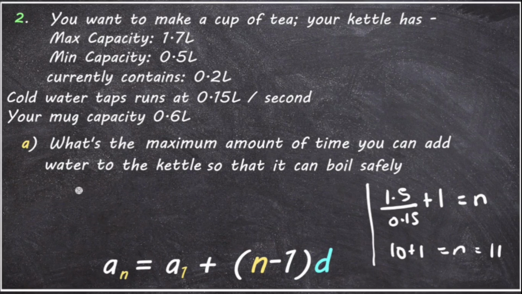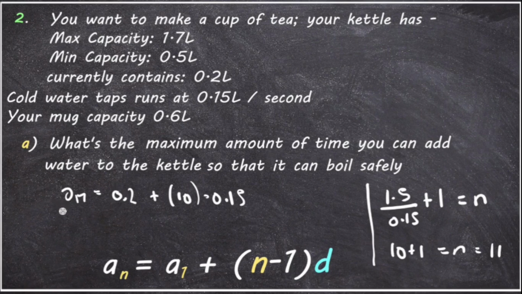Now, if we plug n back into the equation, A sub n is 0.2 plus n minus 1, well, n is 11, so n minus 1 is 10, and multiply that by 0.15.